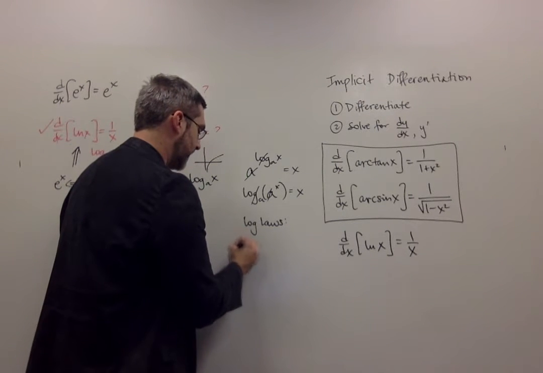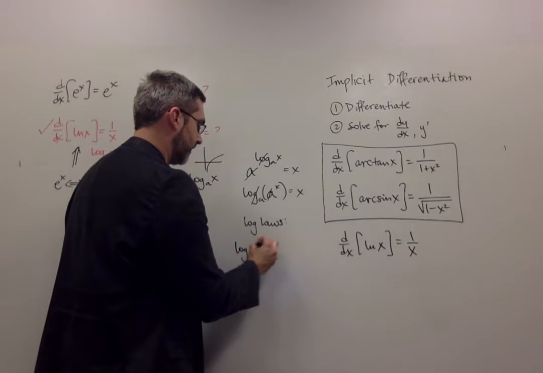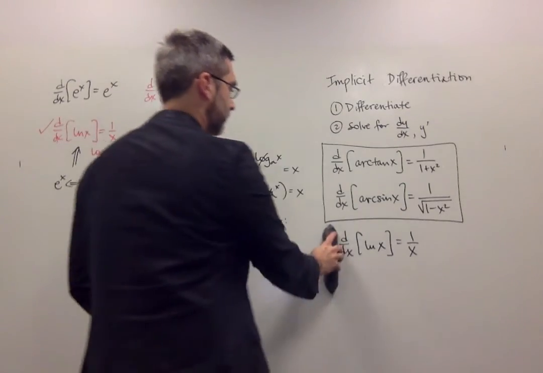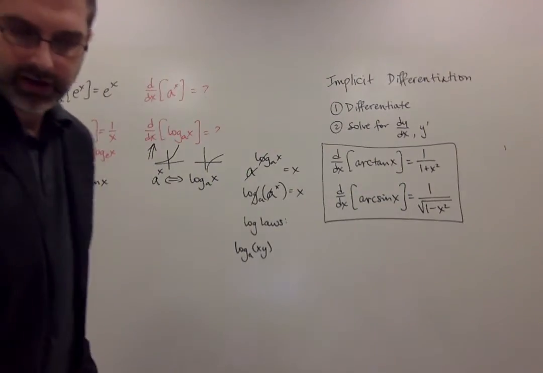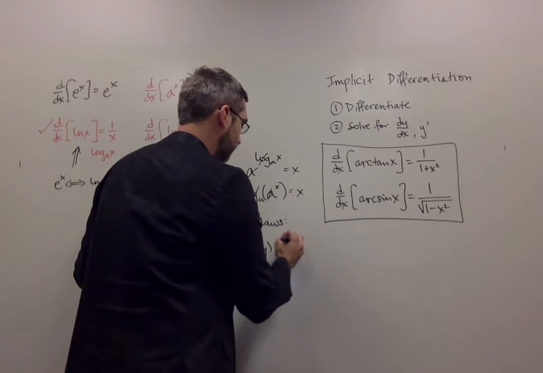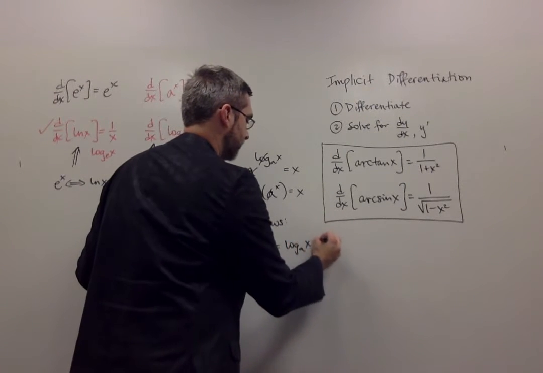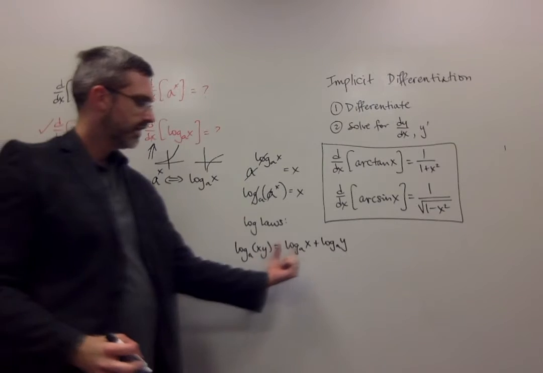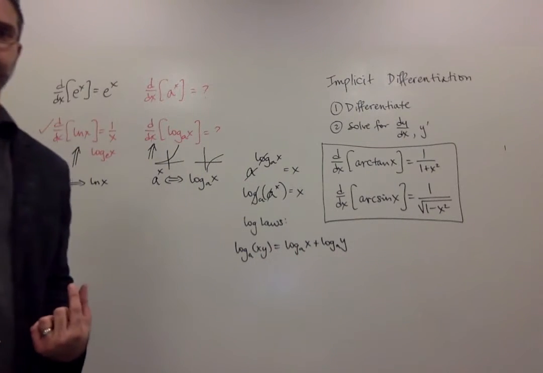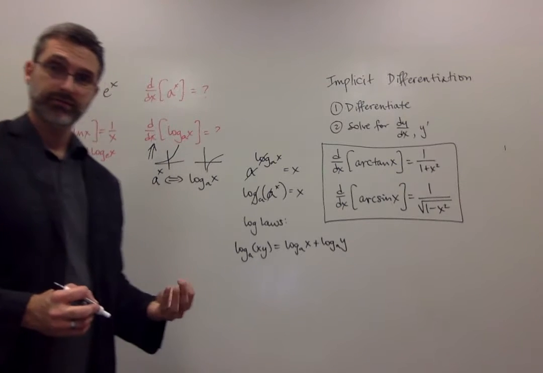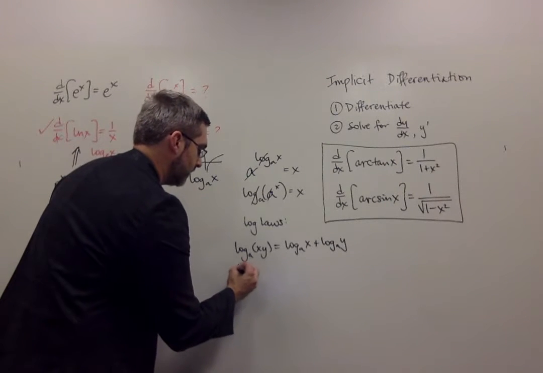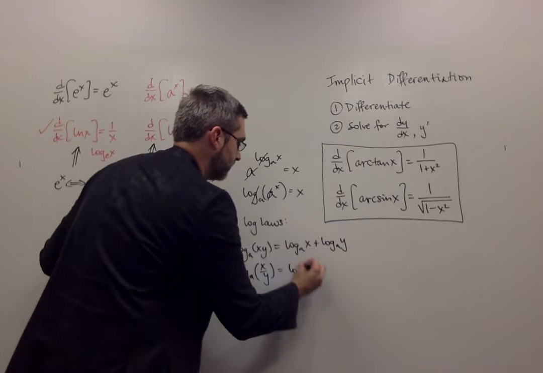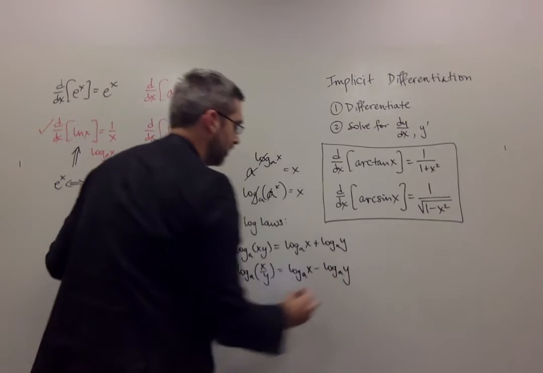If I have log base a of xy, there's a way to split that so that it's log base a of x plus log base a of y. In other words, multiplication on the inside becomes addition on the outside. Do you remember this law? And then log base a of x over y: division on the inside becomes subtraction on the outside.